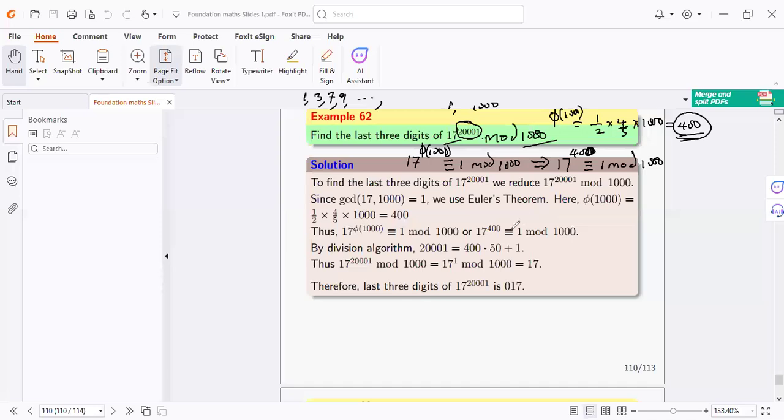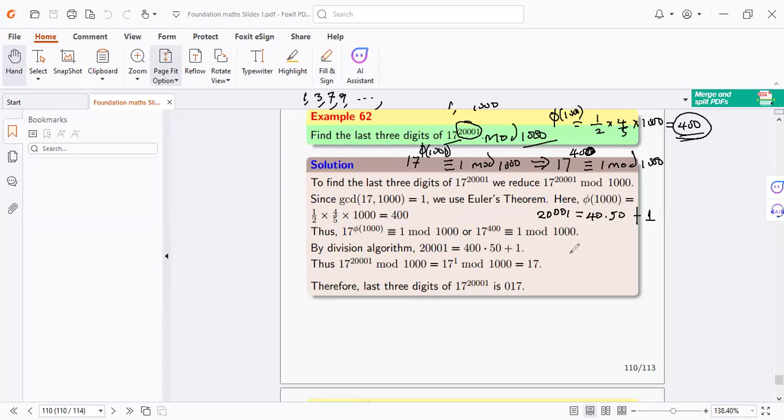So what is this number in terms of 400? The number 20,001: in terms of 400, 400 goes there 50 times, and the remainder is 1.